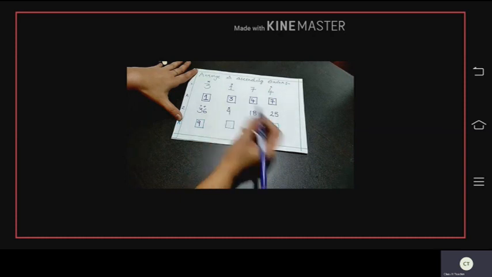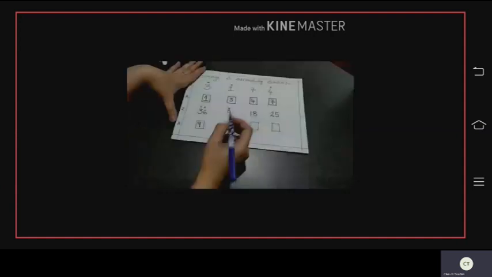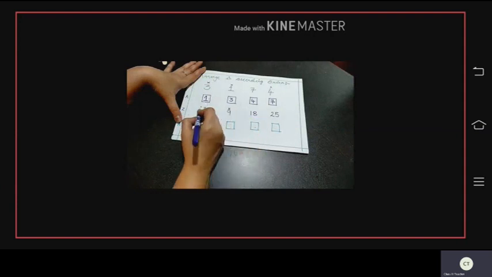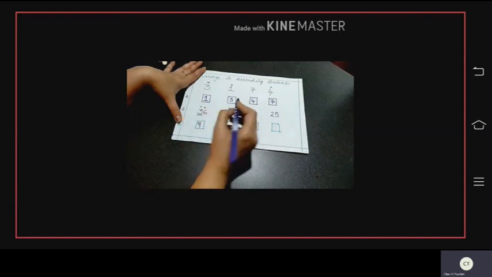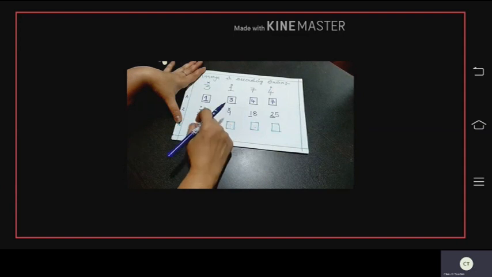Now we have to see 36, 18 and 25. Which is the smallest number here? For this, what you have to do is, you have to see the first digit of a number. Observe only the first digit. The first digit of this number is 3.